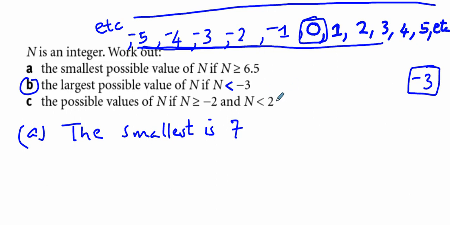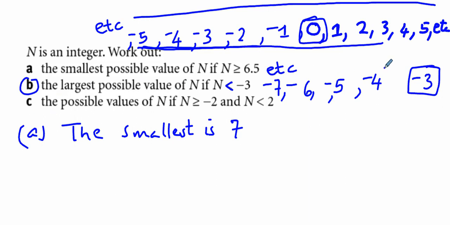Integers which are less than -3 include -4, -5, -6, -7, etc. All those integers which are less than -3 are -4, -5, -6, -7, -8, -9, -10, and so on.